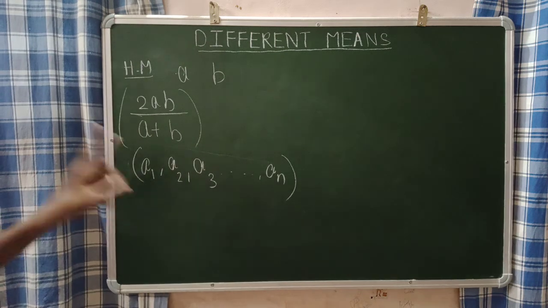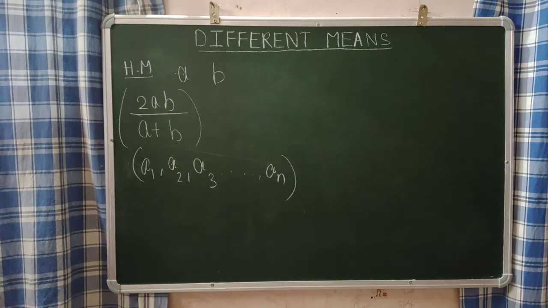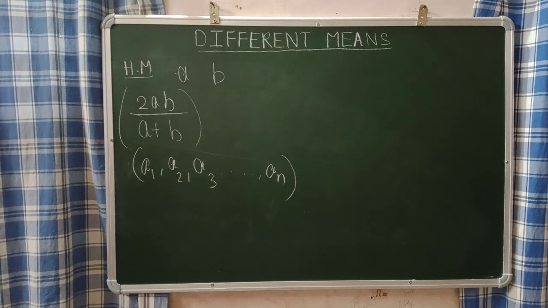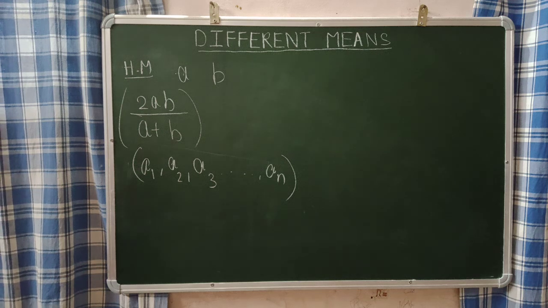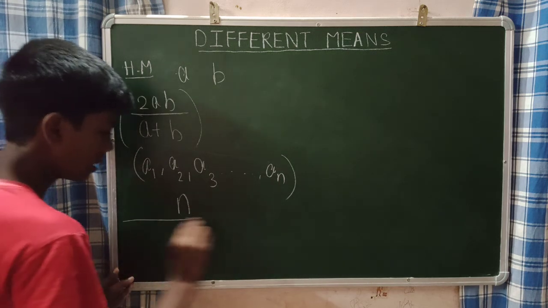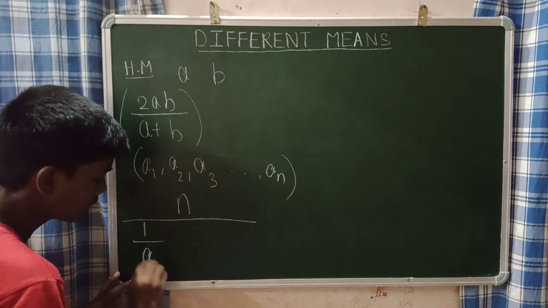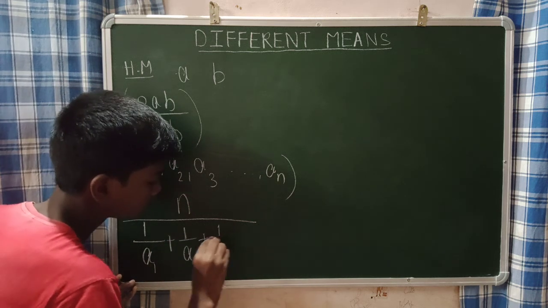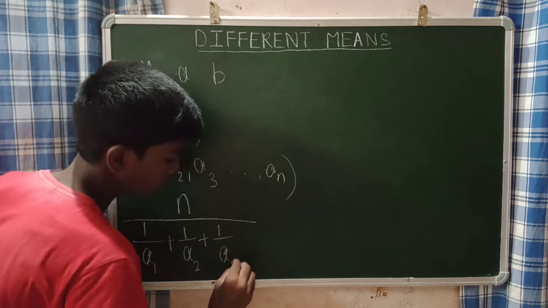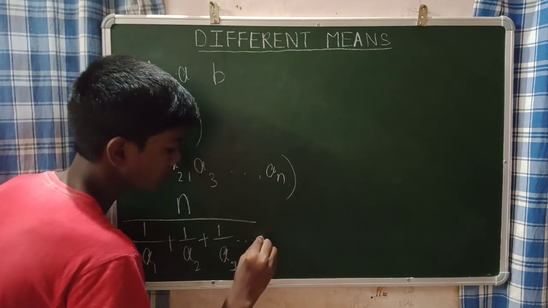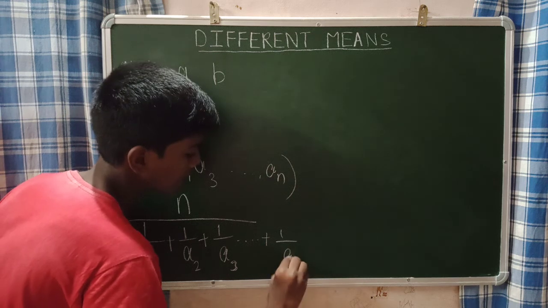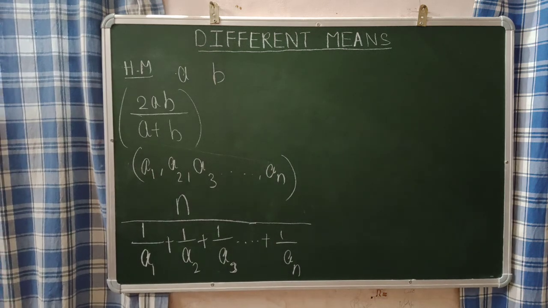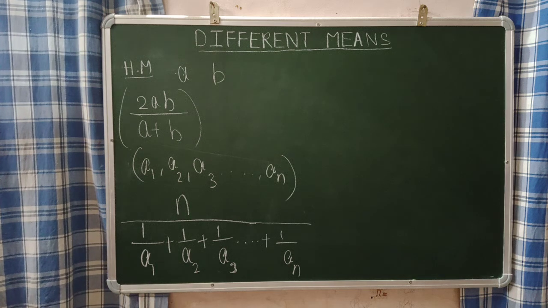The harmonic mean of n such non-zero numbers will be nothing but n divided by 1 by a1 plus 1 by a2 plus 1 by a3 plus all the way up to 1 by an. That is the harmonic mean of n non-zero numbers.